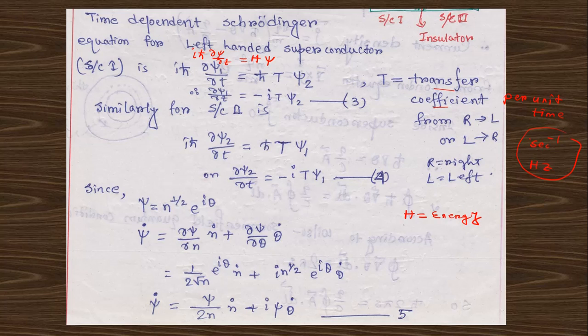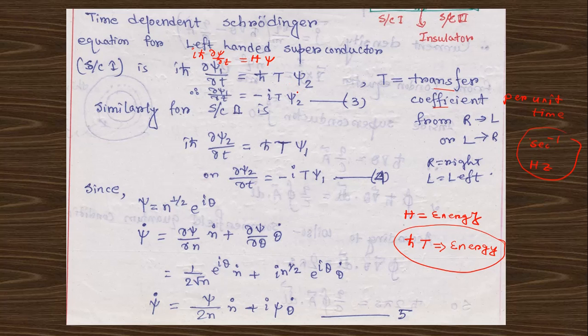So if we multiply the H cross with this T, this is the frequency, and H into frequency is equivalent to energy. Clear? Dimensionally you can say this is an energy. That's why we replace H by H cross T.